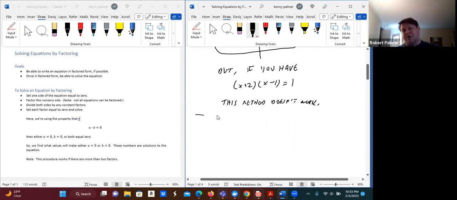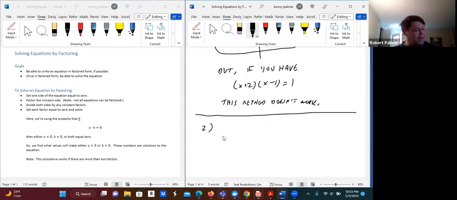Okay, so now let's look at a second example. Number 2, let's say we have 2 times x squared minus 8 is, well, first let's go ahead and make this equal to 8.